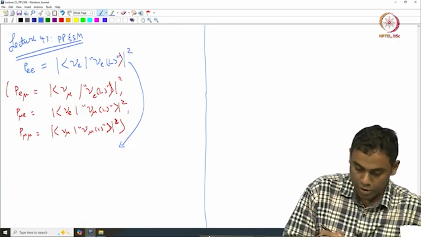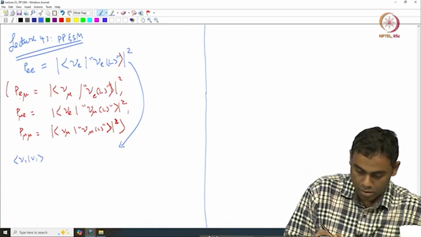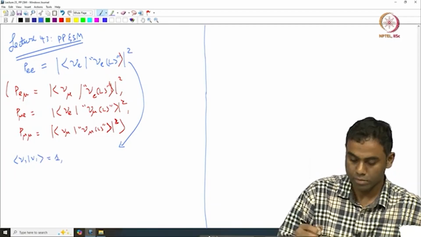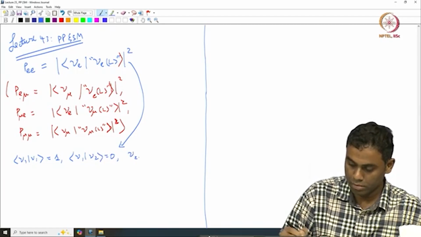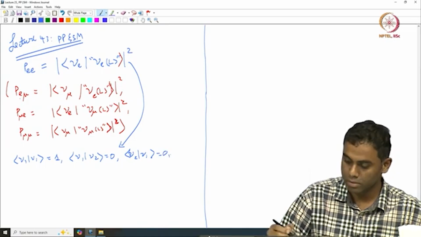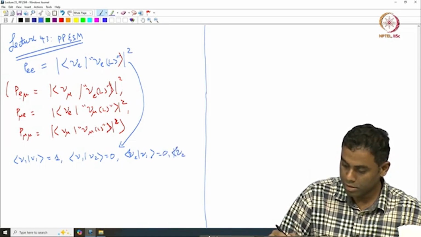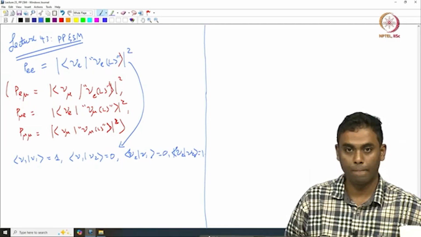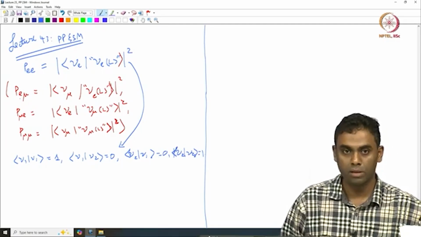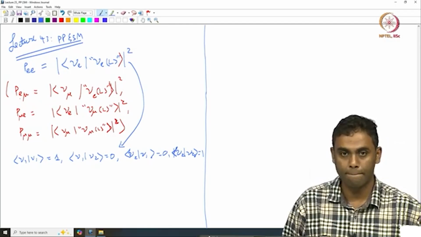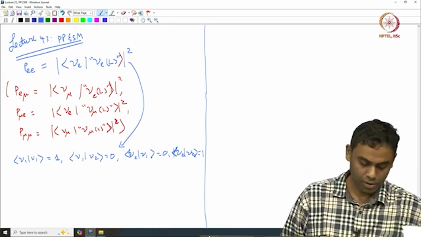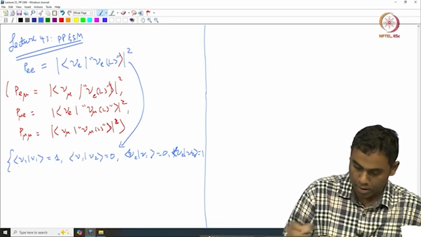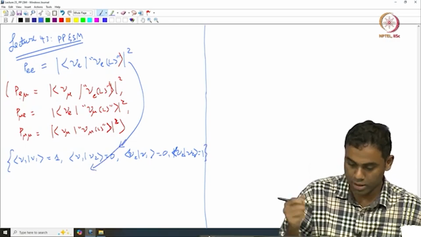And we know that this is 1, this is 0, and this is 0, and this is 1, correct. This is an orthonormal basis, right.